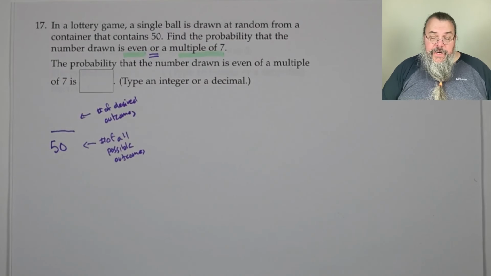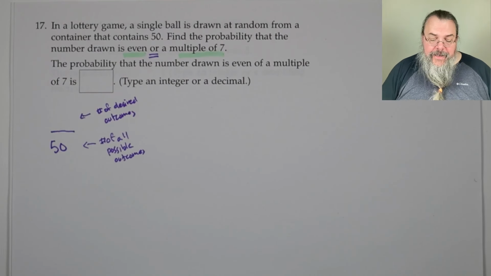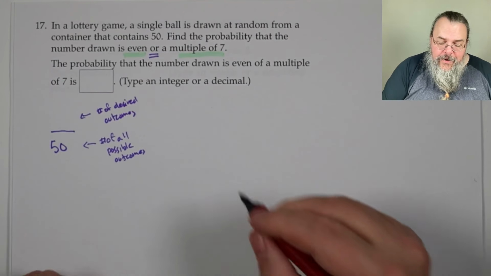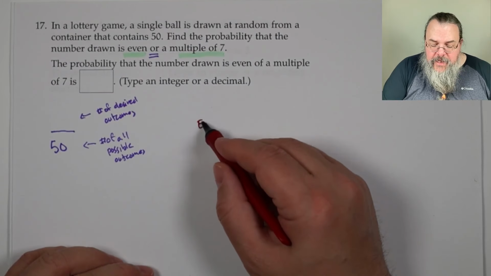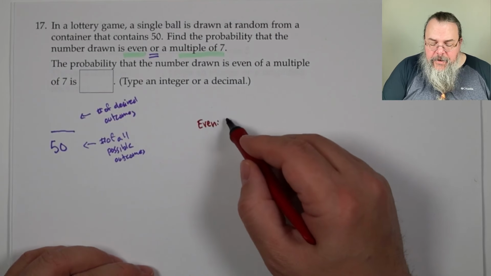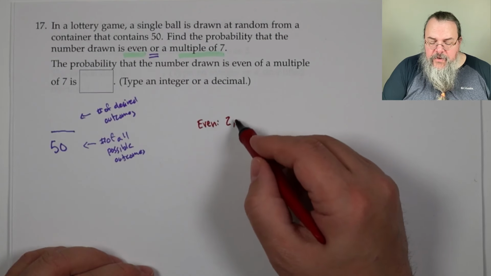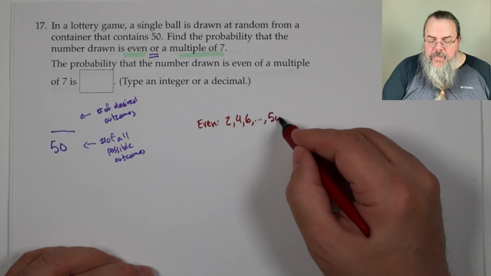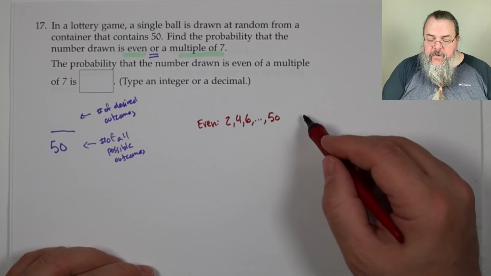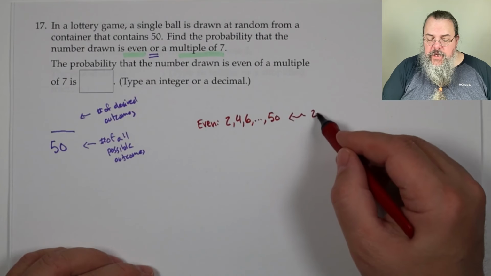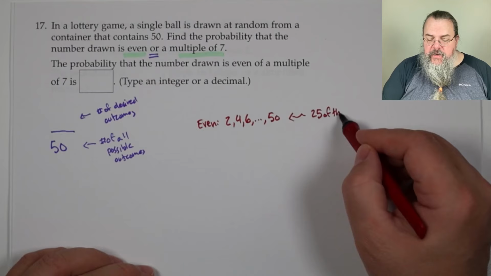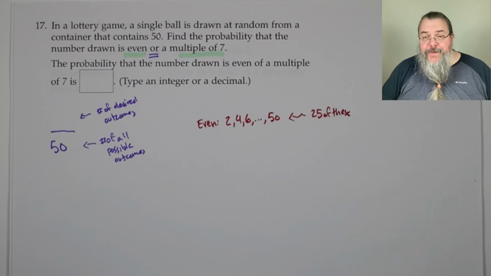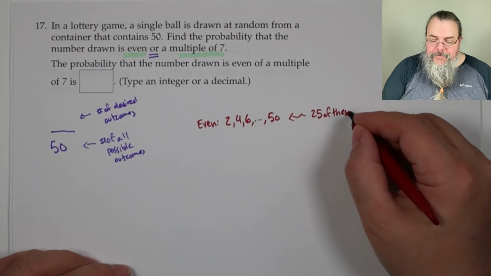So let's start by counting them all, or maybe making a list. For even, I don't want to write down all the numbers, but it would be like 2, 4, 6, all the way up to 50. And notice here we have 25 of these, right? Half the numbers from 1 to 50 are even.